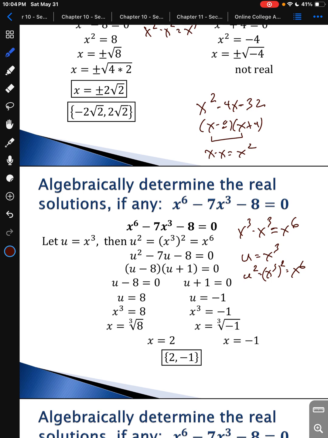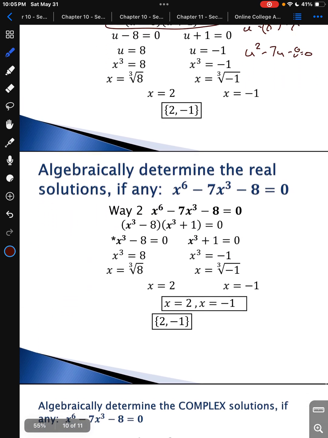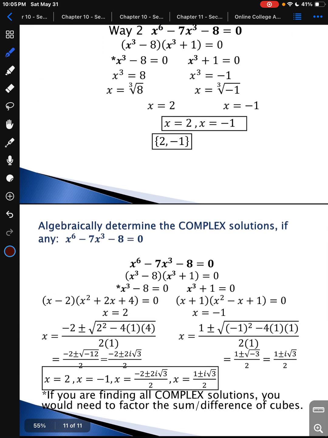So wherever you see an x to the sixth, you can put u squared. Then you're working down to u squared minus 7u minus 8 equals 0. And it's a much easier problem to factor. Then you could just do it the simple way like this. And the last way would be to just use the quadratic formula.